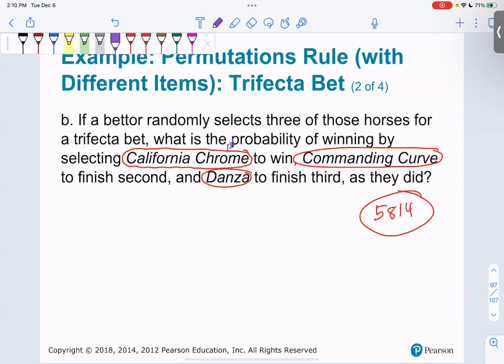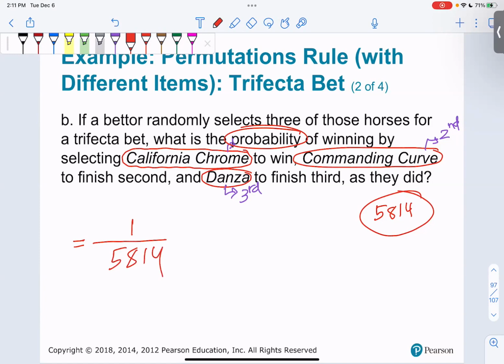First, second, and this one will be the third place. What's the probability now? Yes, you are right. So the probability will be only one combination. We will get those in order, right? Which is 1 divided by this number.